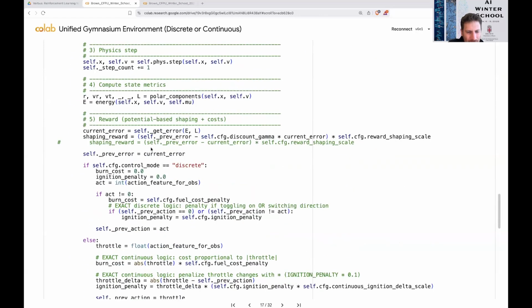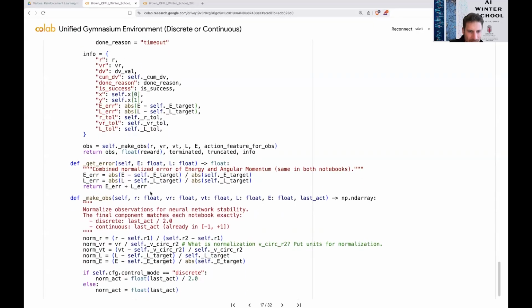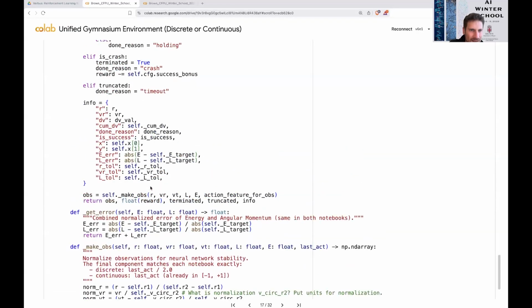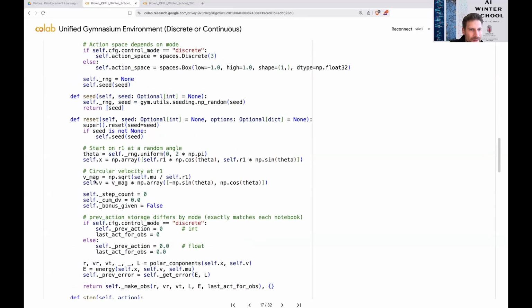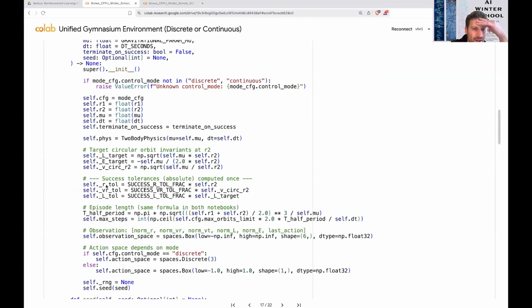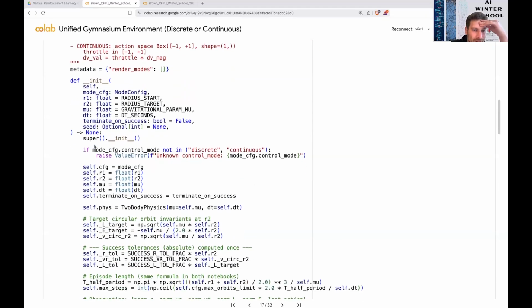Given all of that, I don't think we need to go through all this code. Basically, it's just implementing what I discussed. Let's see if there's anything particularly interesting here. Basically, there's some initialization.